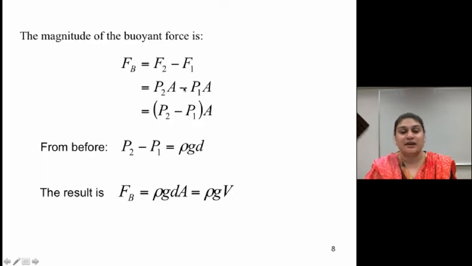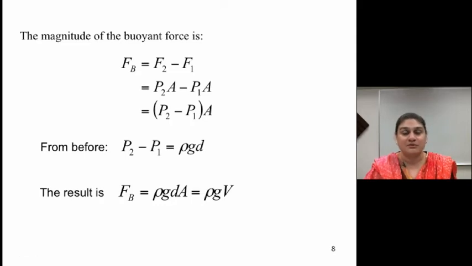F2 minus F1 is P2A minus P1A, so F_B will be given as rho g d A, where P2 minus P1 equals rho g h from the last section that we were talking about, and A and d together make up the volume. So the buoyant force will actually be given by rho g and the volume of the material that is displaced.